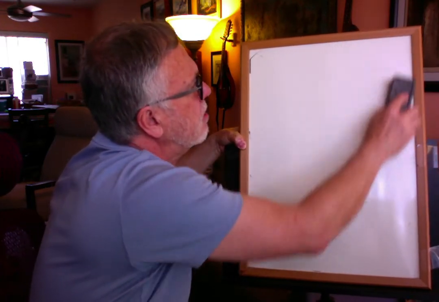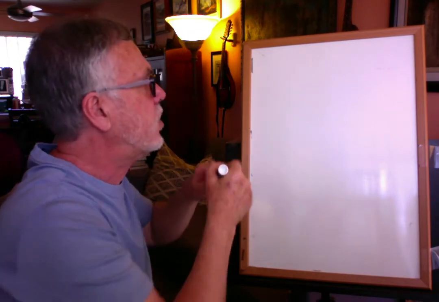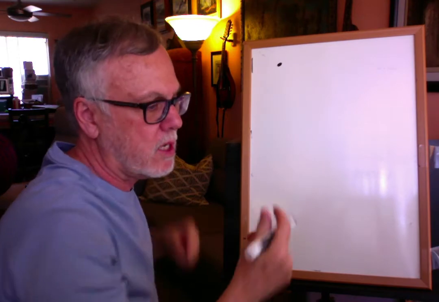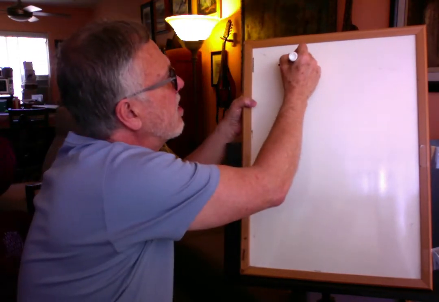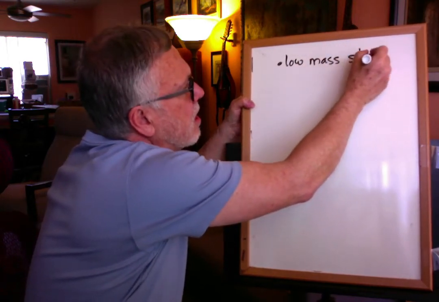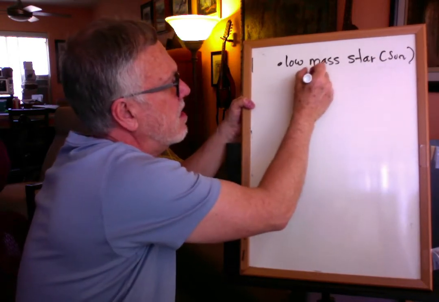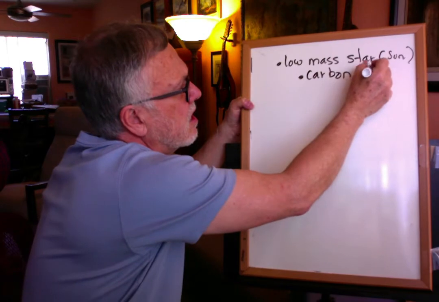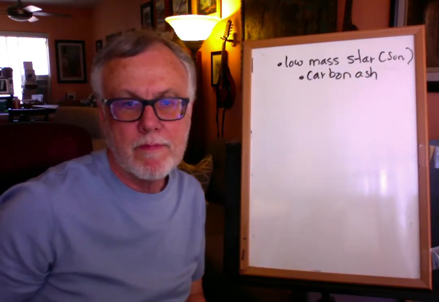So what occurs over time is that the carbon ash of this low mass star, so this is really talking about a star like our own, a low mass star like the sun, builds up right in the core.